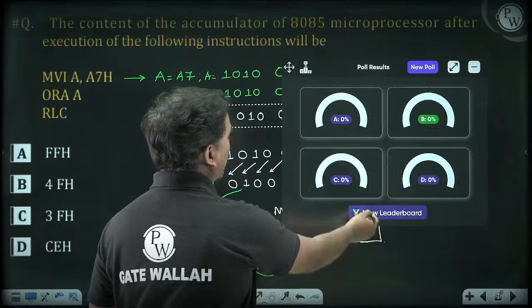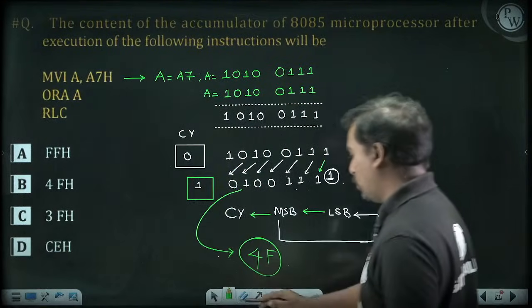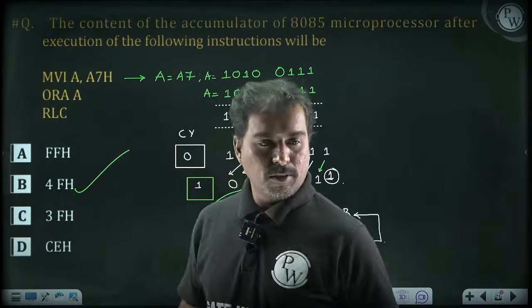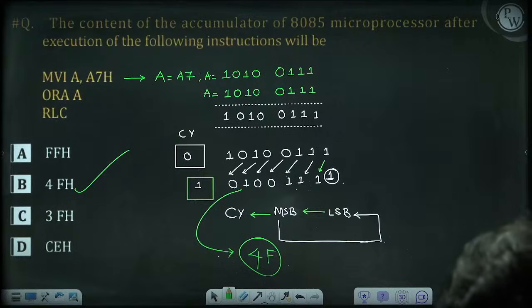Nobody has given the right answer. Option B is the right answer. All of you understood? Yes, Pushpa, Mayuri, is it clear?